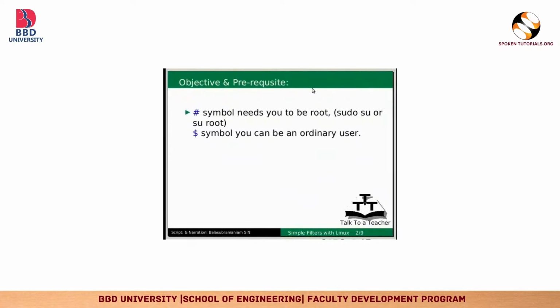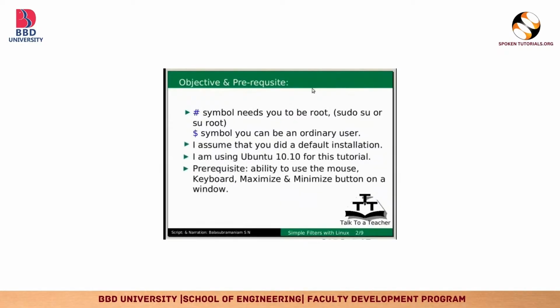If you see a dollar symbol on the terminal, you can be an ordinary user to execute those commands. I assume that you did a default installation and did not modify any path where the files are getting saved. I am using Ubuntu 10.10 for this tutorial. Prerequisites for this module are the ability to use mouse, keyboard, maximize and minimize buttons on a window.